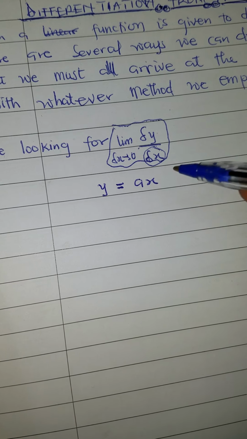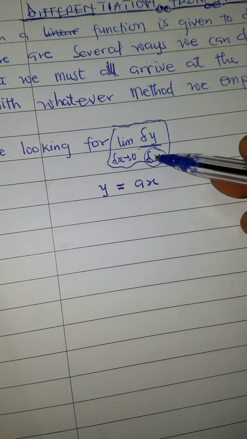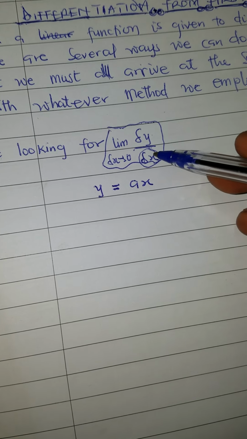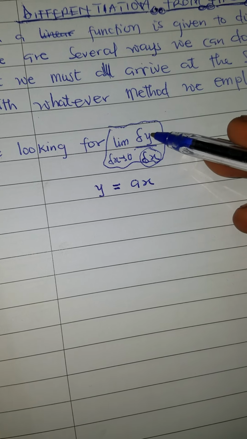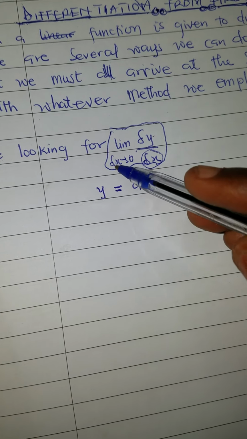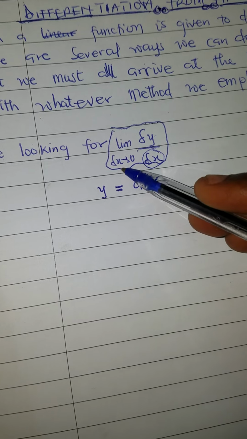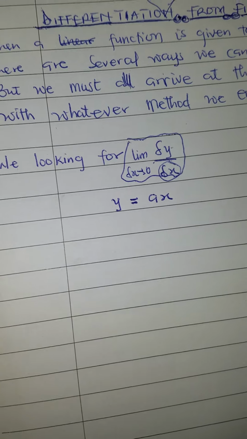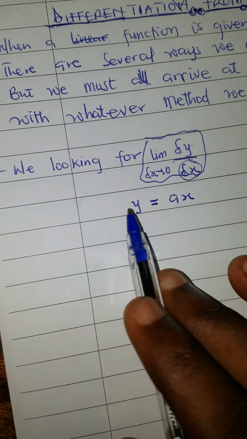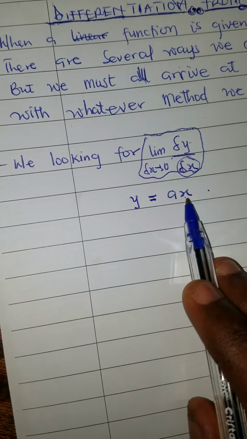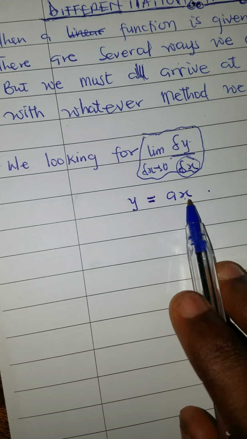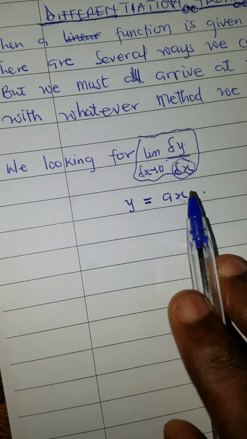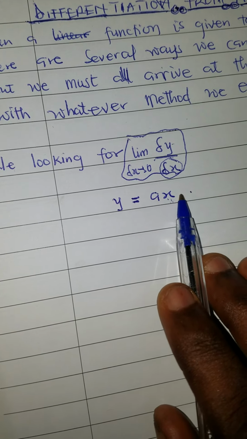So here we are differentiating with respect to x, and so you have change of x at the bottom. For instance, if we were differentiating with respect to y, then y would have been at the bottom, and the change of y should approach 0. For example, we are differentiating this with respect to x.